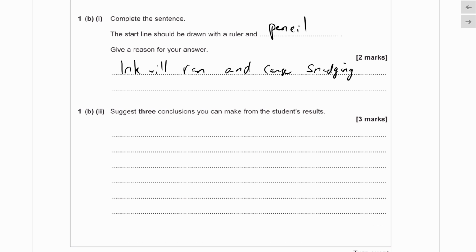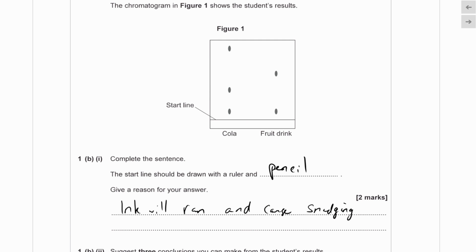Suggest 3 conclusions you can make from the students' results. Now let's go back up and have a look at their results. Alright, so it might seem a bit simple, but remember I said that there are 3 dots in cola and there are 2 dots in the fruit drink. That's already 2 points, because I can just say that there are clearly 3 colours or 3 colourings in cola and 2 colours in the fruit drink.